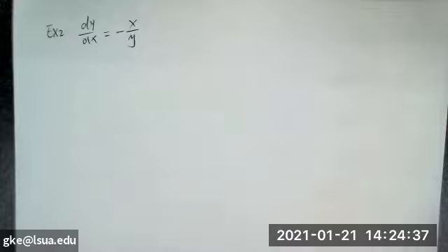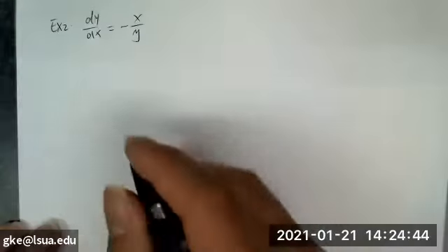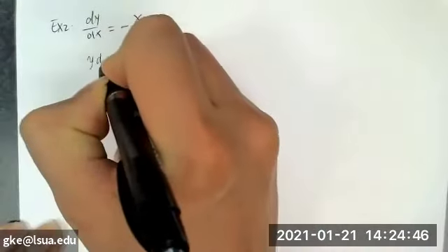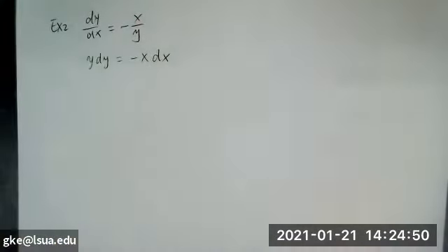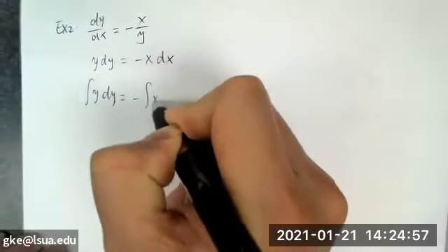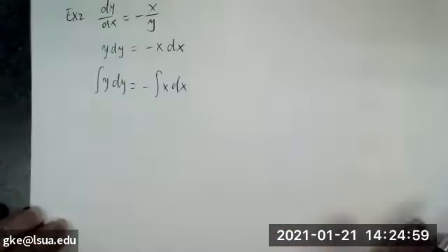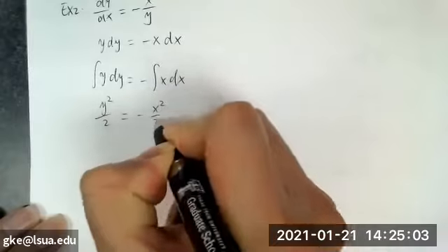Okay, let me do it on board. It's not too hard for these problems. So let's take a look. The first step, we separate the variables, right? Very straightforward, right? And then we do the derivative. The derivative of this guy is going to be this guy.